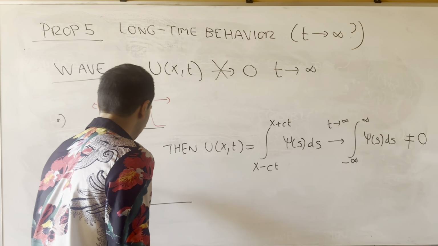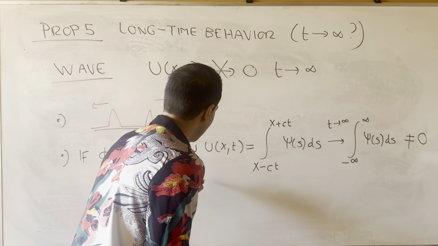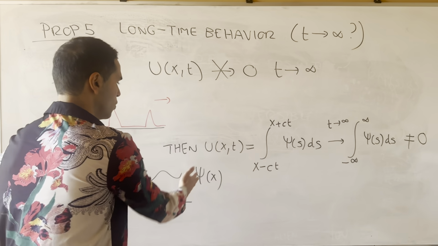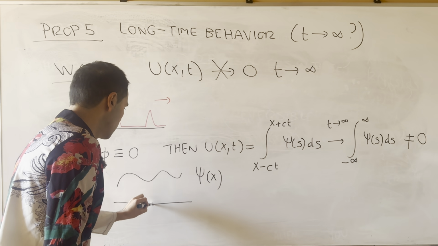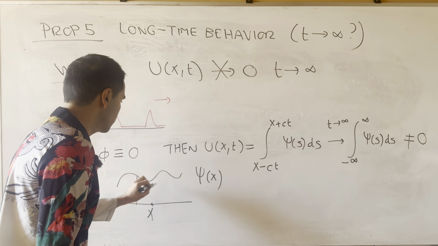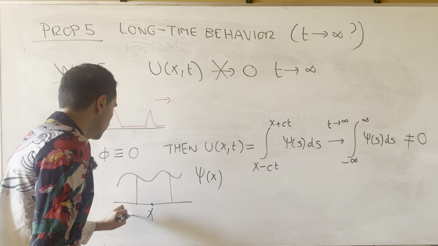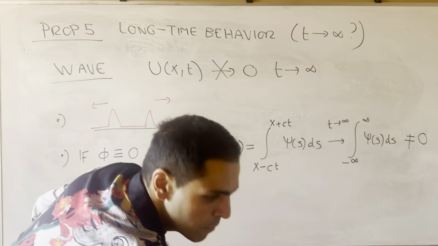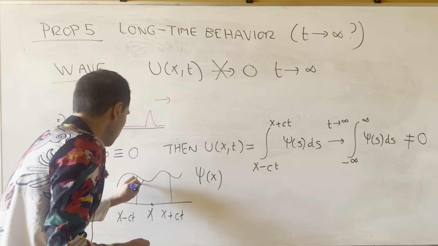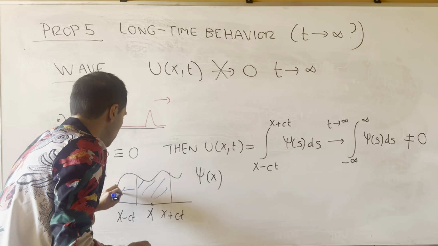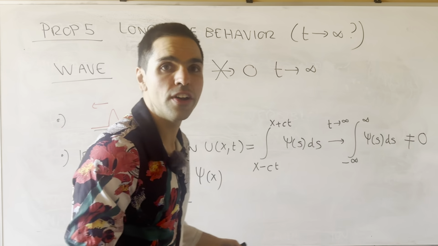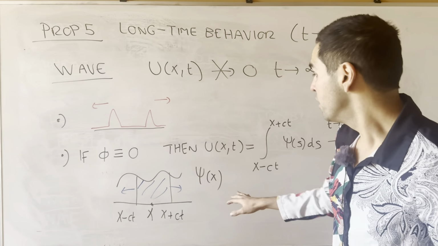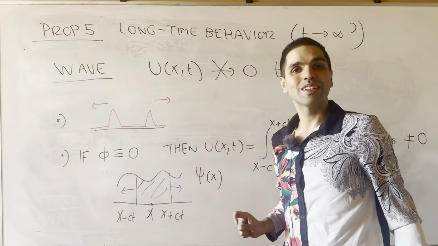So once again, that's because this might be the initial velocity, and that might be a point x. And remember, the contribution is over a bigger and bigger interval, so this area is just getting bigger and bigger, and in particular, it's not true that it goes to 0.